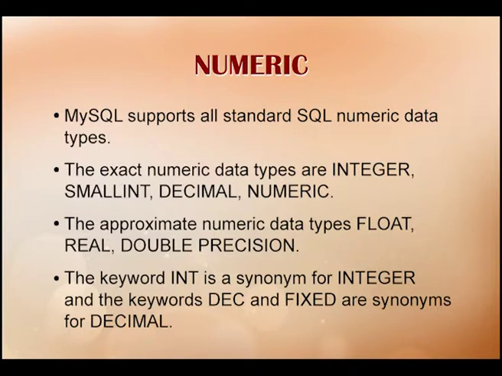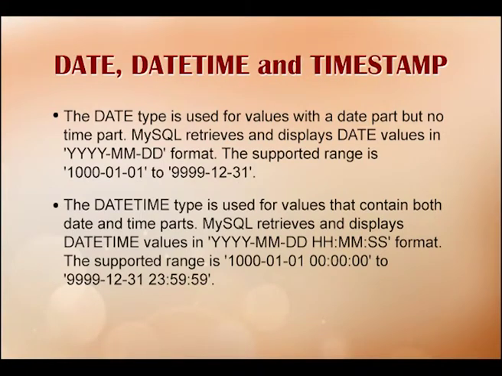Then comes the date, datetime and then the timestamp. The date type is used for values with a date part, but not the time part. It only covers the date. Whenever we want to put something like a submission date as a column name, you can select the date data type, and the format that it supports is year with 4 characters, then the month, then the day.